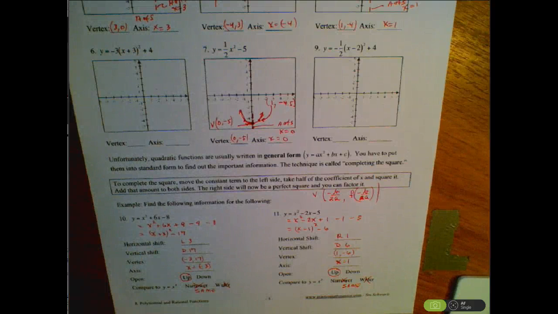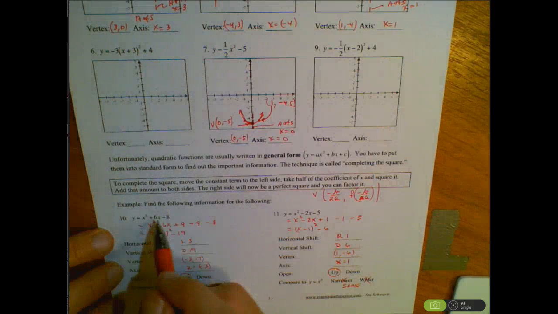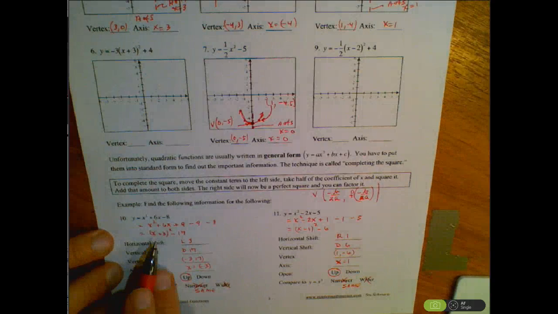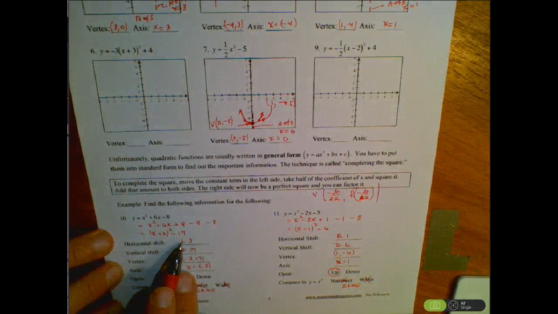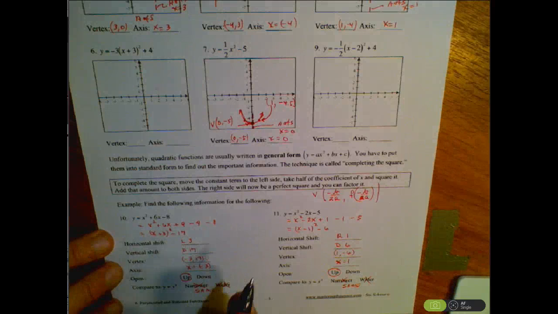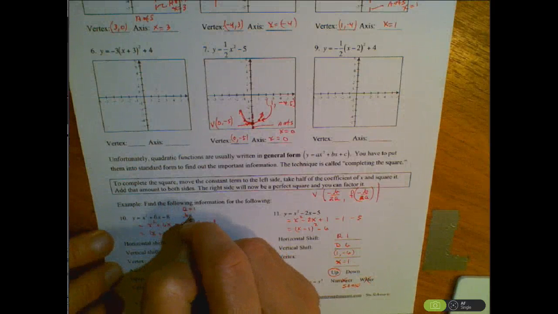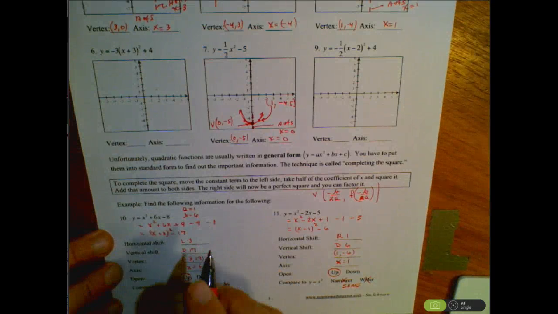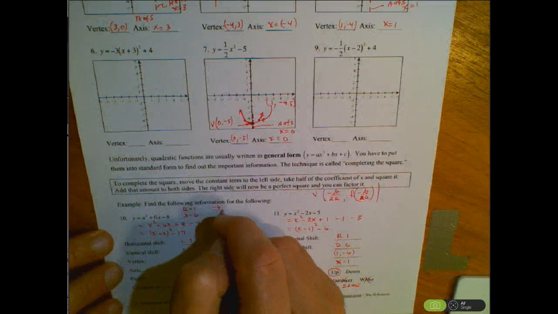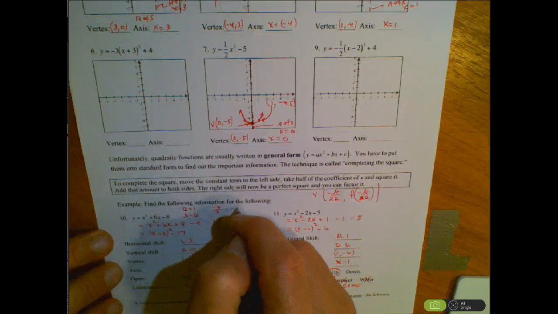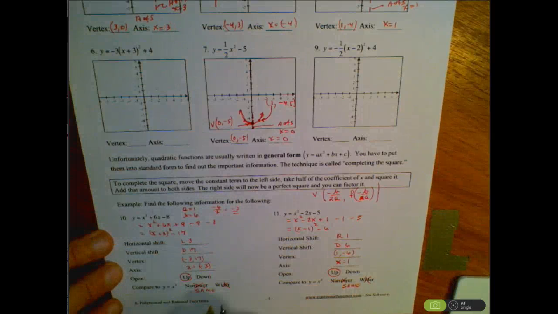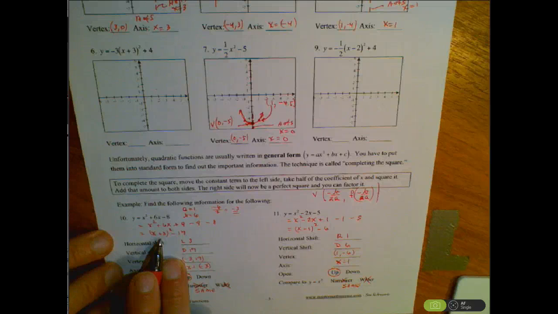So let's go back and look at problem 10. We knew the vertex was going to be at negative 3, negative 17. So I've got a is 1, and b is equal to 6. So opposite b, negative 6 over 2a is equal to negative 3. And that gave us our negative 3 for our h.